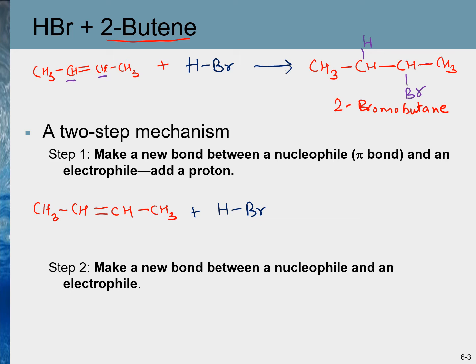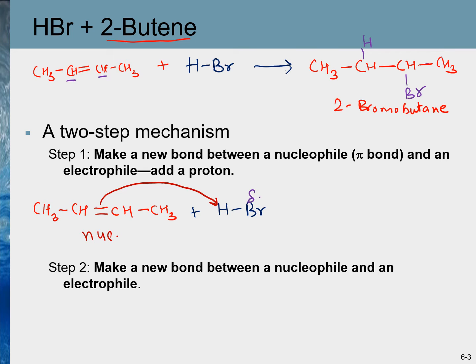So these pi electrons attack the hydrogen. Now why would they attack hydrogen? Because remember, this is a nucleophile, and a nucleophile likes the nucleus. Nucleus means positive charge. Now you may say, oh, there is no positive charge. Yeah, but there is. The reason is the high electronegativity of bromine.